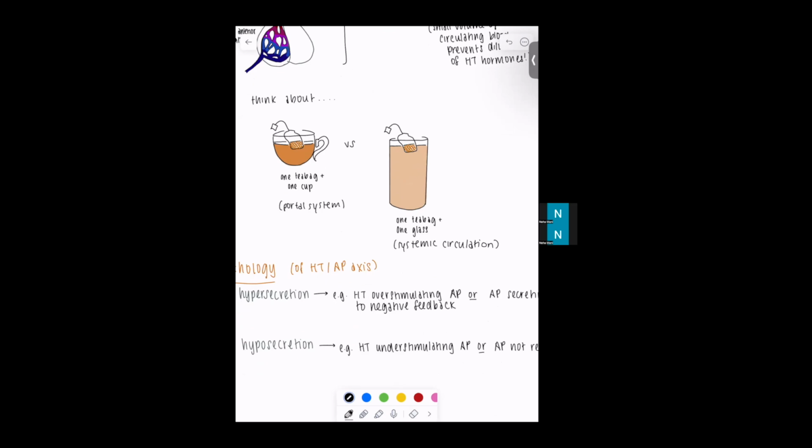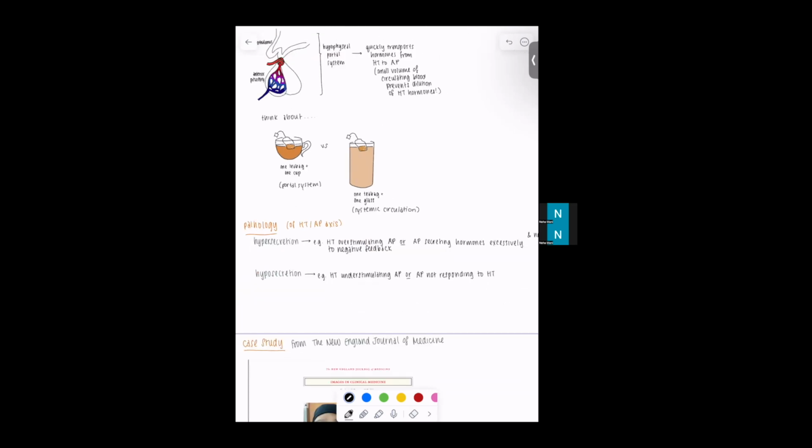And so, if we consider that akin to hormones, the concentration of the hormones would be much less in the systemic circulation situation with the glass compared to the portal system with the cup. And so the whole point is we want really concentrated levels of hormones to enact whatever signaling pathways they're supposed to, to exert their effects properly. And so that's kind of what's important about the portal system.